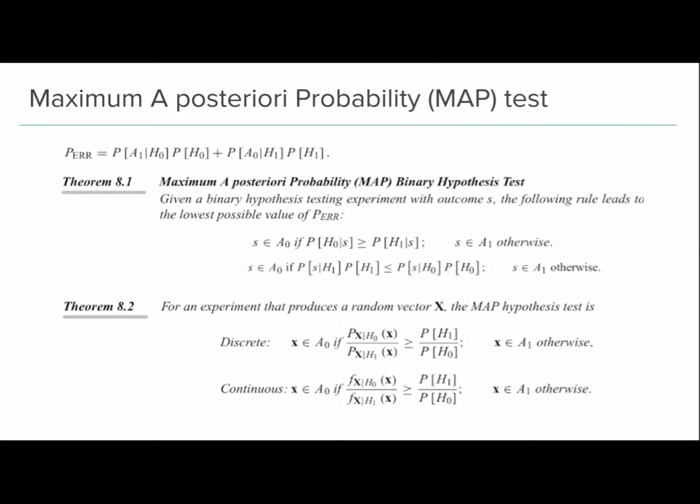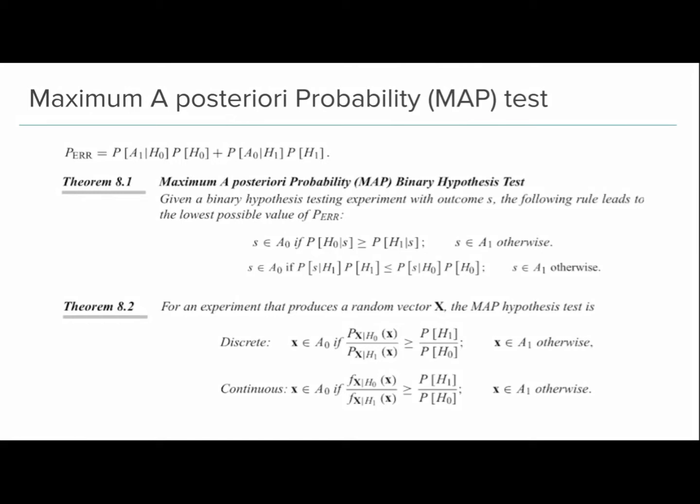Right. So if the outcome is any random vector x, the MAP hypothesis turned out to be: if x is discrete, x will belong to A naught if P of x given H naught of x divided by P of x given H1 of x is greater than or equal to P of H1 divided by P of H naught.